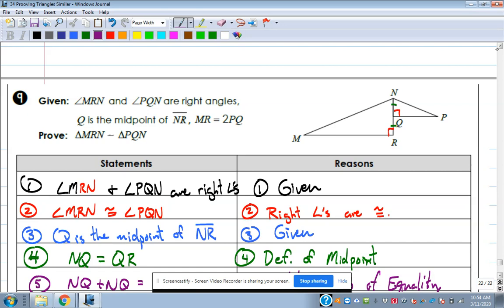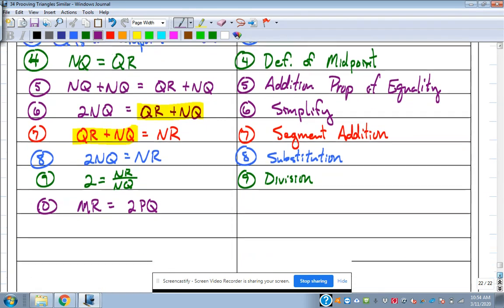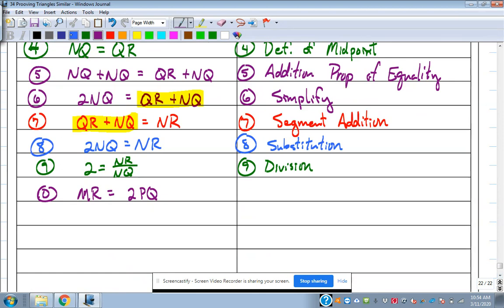So if I take this statement right here, can I do something similar to what we just did? If I divide by PQ, I get 2, right? So number 11, MR over PQ equals 2. And I didn't write given up there on number 10. And then the property there is division.